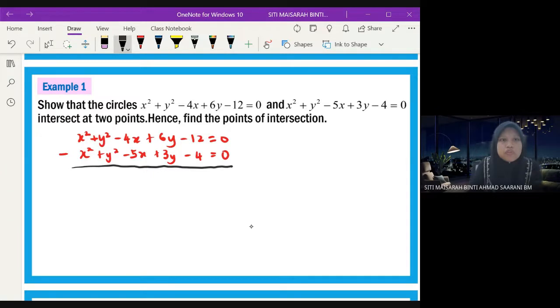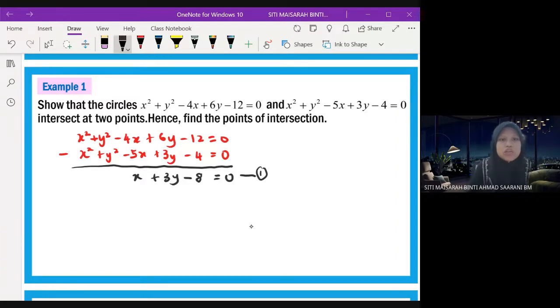So yang ni negative 4x plus 5x, we get x. This one is plus 3y. Negative 12 plus 4, we get negative 8, is equal to 0. Okay. So, and then kita dapat ini bentuk dia, ini adalah linear. Let's say kita namakan dia equation 1 for this case.